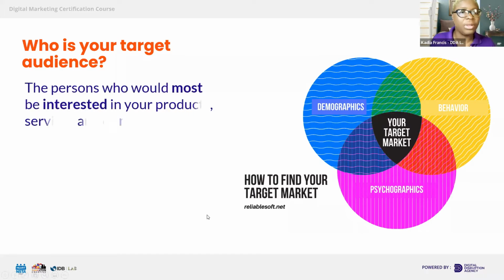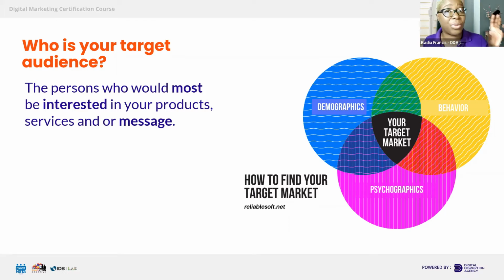The target audience are the persons who would most be interested in your product, services, or message. Now, at any point in time, somebody can come across your brand and become interested. Remember, we talked about that last week when we were talking about frameworks. At any point, somebody could come along and become interested. That's why you do brand awareness, etc.